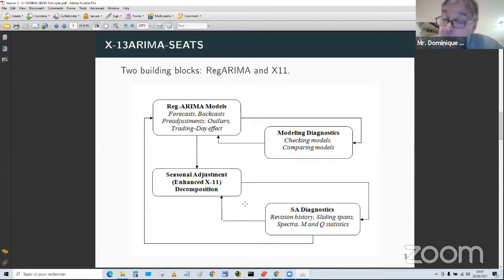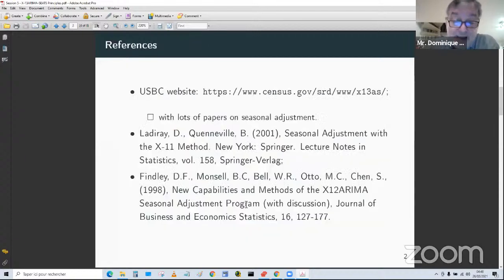The point is that if the ARIMA modeling goes wrong for any reason, in particular a big crisis, your estimates of a trading day effect could be not stable.